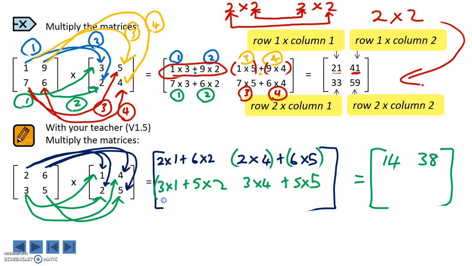And then 3 times 1 plus 5 times 2 makes 13. And then 3 by 4 plus 5 by 5 makes 37. And again, you can see we had a 2 by 2 with a 2 by 2. Our resulting matrix is a 2 by 2.